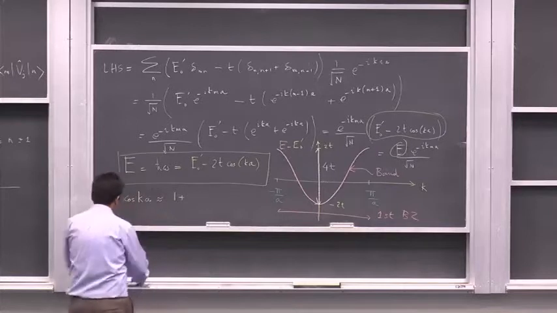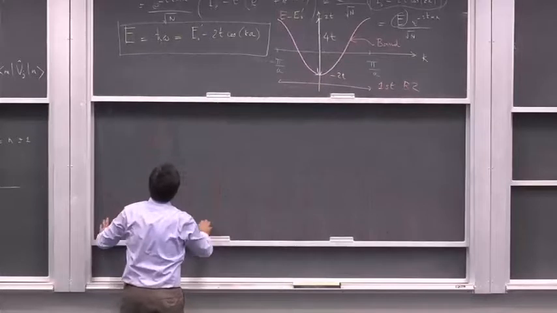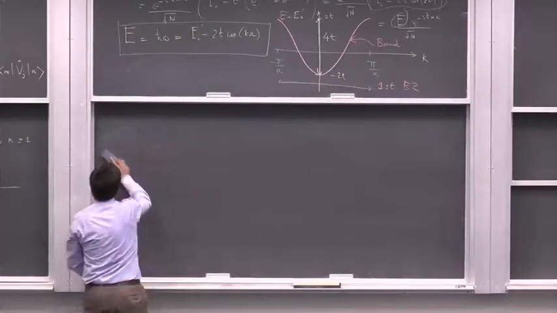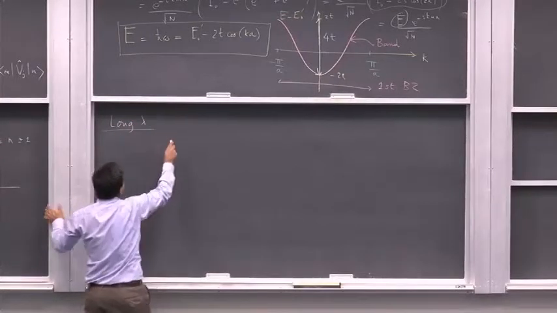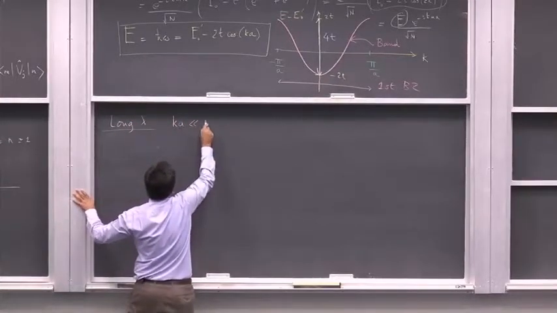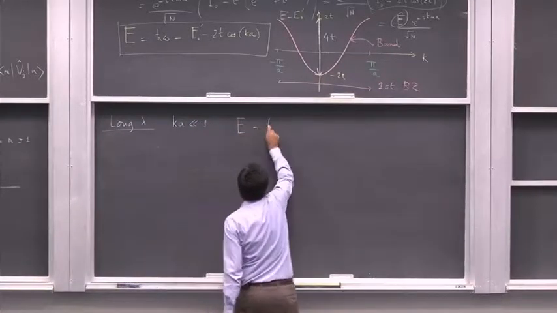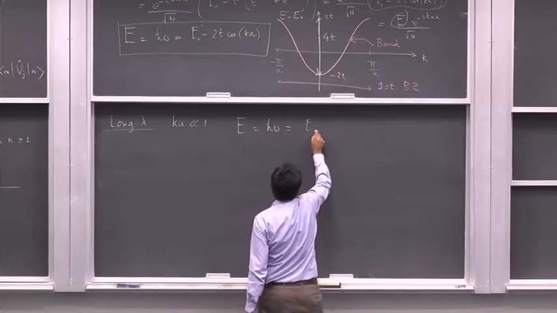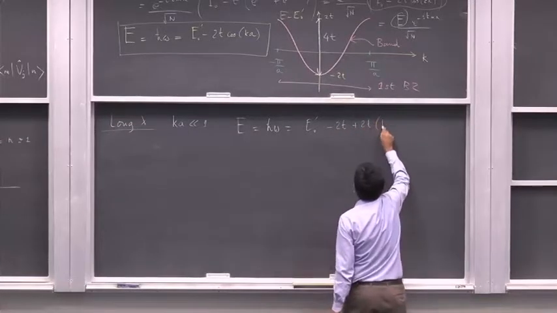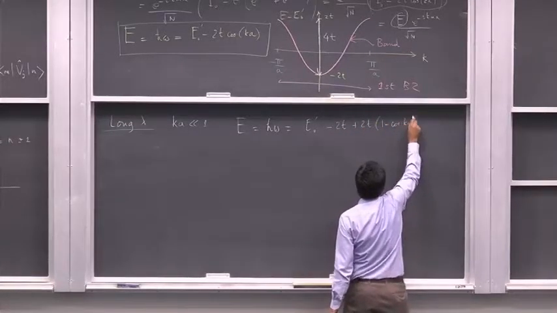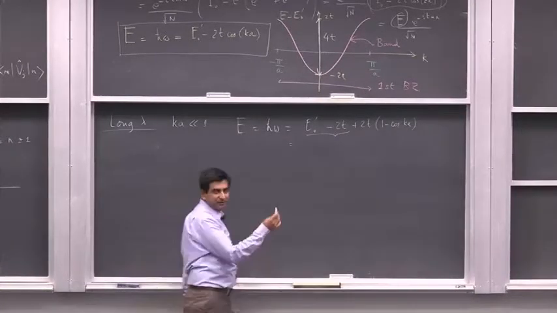Okay, what I could do is the following. So in the long wavelength regime, with Ka much smaller than 1, I can write the energy as E naught prime minus 2t plus 2t (1 minus cosine Ka). So E naught prime minus 2t is just some constant.